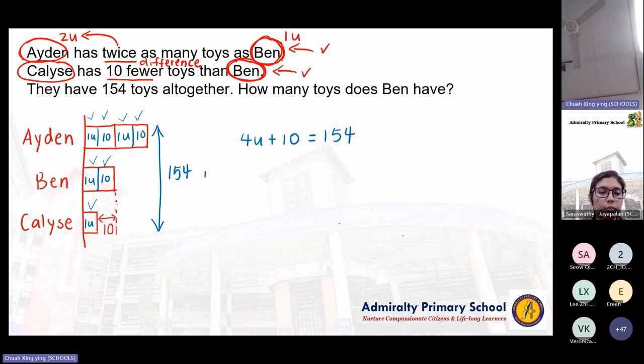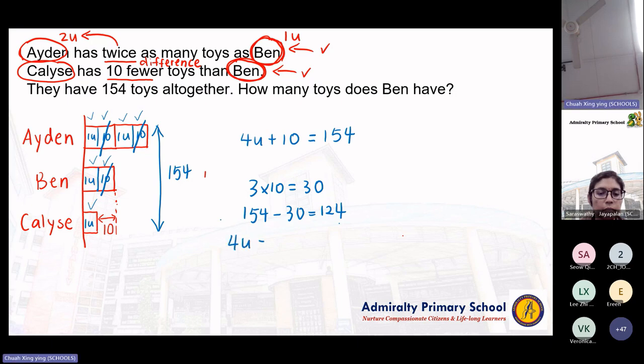At this point of time, if our children see this equation, it may not be meaningful to them. Some of the children will understand the take-away. Let's take away the 3 tens, meaning 3 times 10 equals 30. We have 154. We take away 30, we are left with 124. And this 124 is shared among the 4 units.